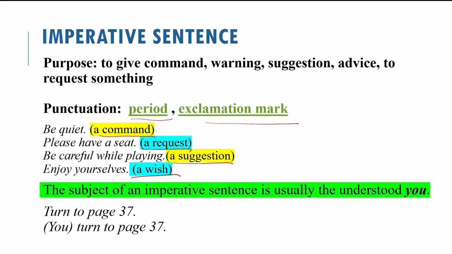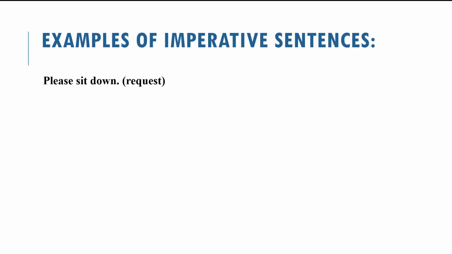It is always implied. Turn to page 37. So first person is talking to the second person and second person is always you. So subject is implied here. It is understood you. Some imperative sentences can be very short or even one word to express a forceful command.